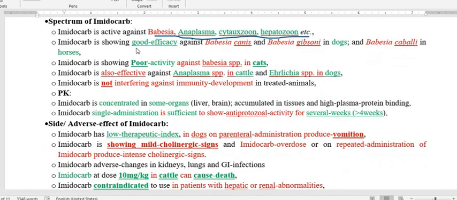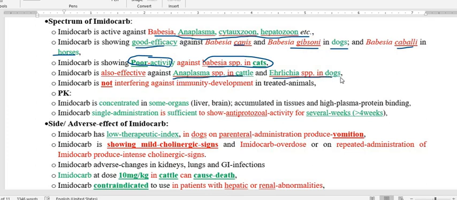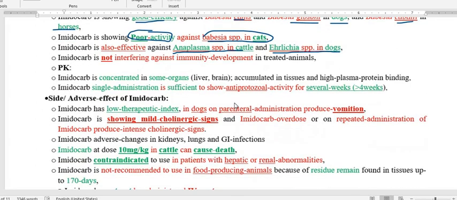Regarding its activity, as we already mentioned, it acts against Babesia, Anaplasma, Cytauxzoon, and Hepatozoon. Imidocarb shows good efficacy against Babesia canis and Babesia gibsoni in the dog, Babesia caballi in the horse, and poor activity against Babesia species in the cat. It also acts against Anaplasma in cattle and Ehrlichia in dog.